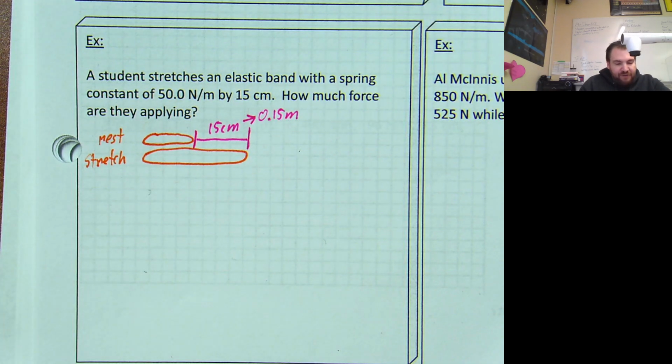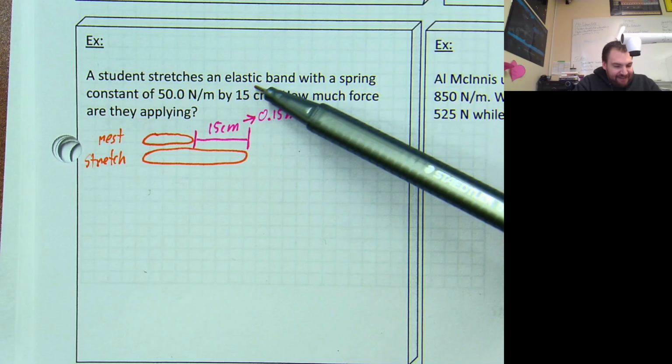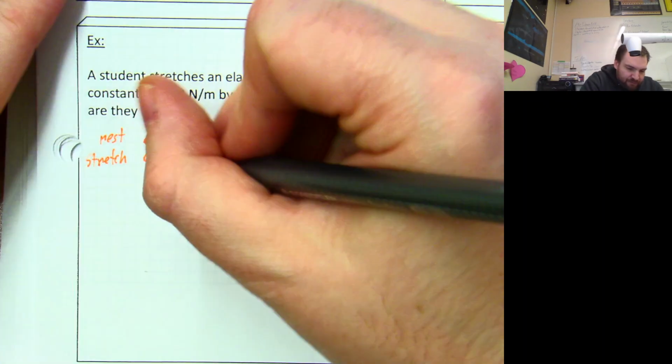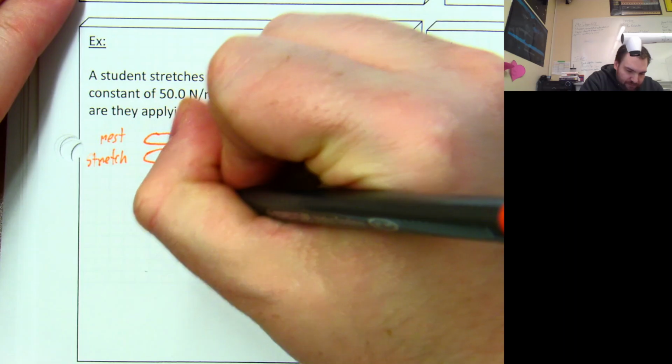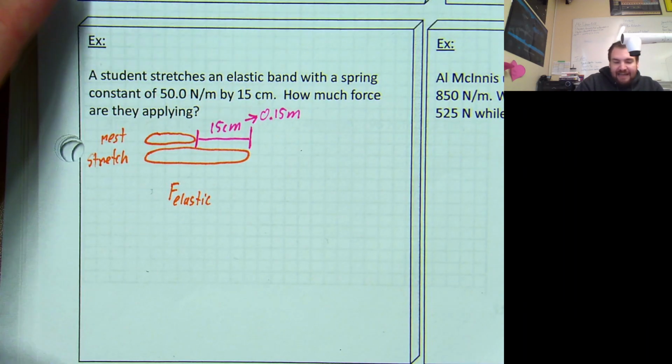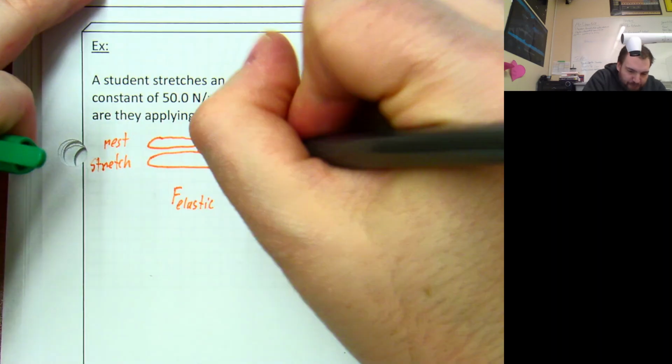So now the question is, how much force are they applying? Well, to hold a spring, in this case an elastic, with the 15 centimeter extension, it's important to recognize what's actually happening. The F elastic is pulling back.